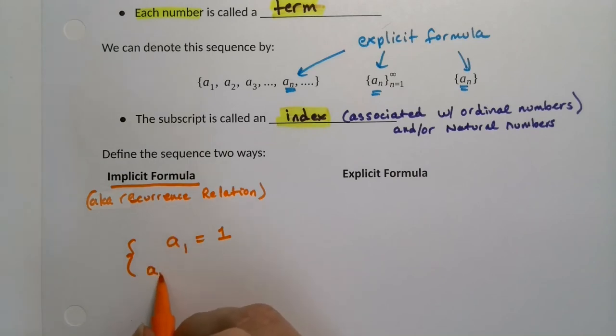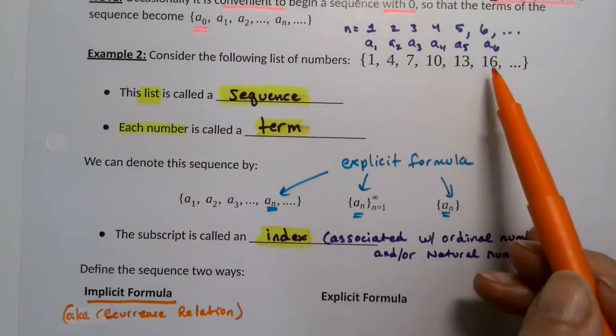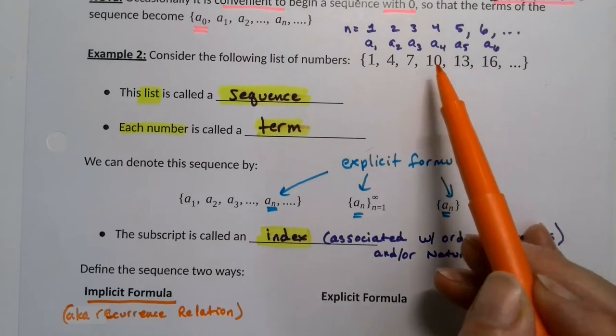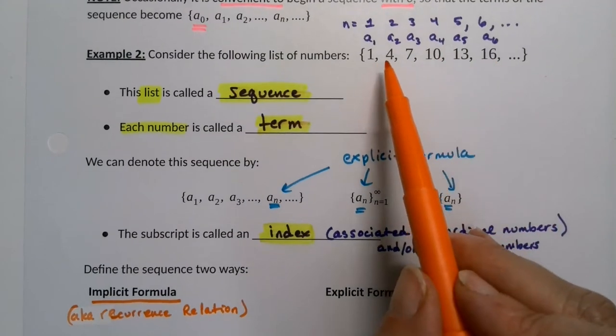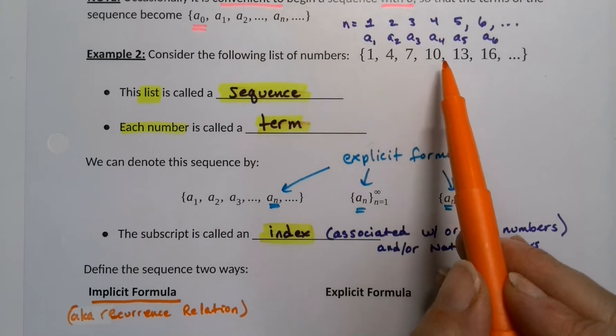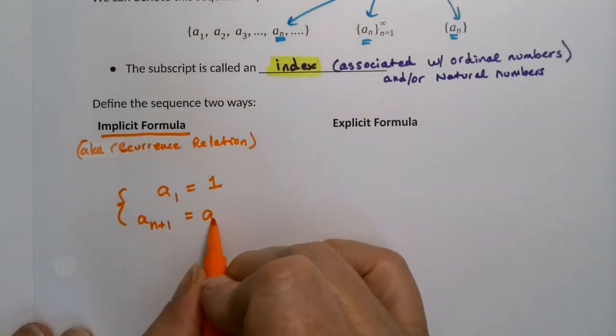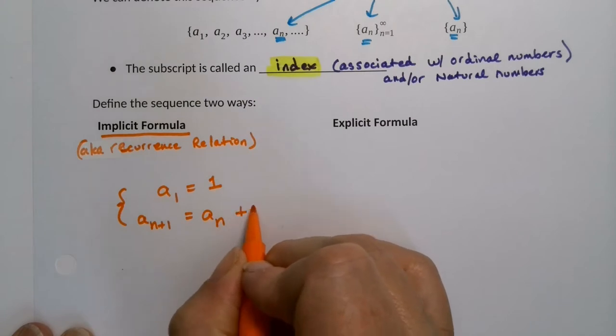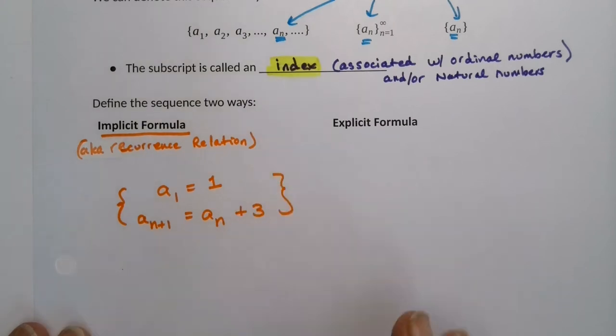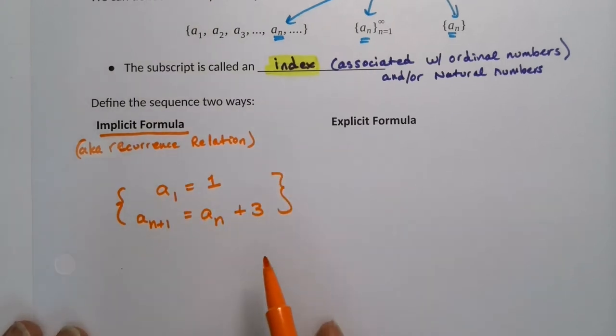And then my next term, a sub n plus 1. All right, how does the next term relate to the last term? This can be some of the hardest things to do in these problems, which is you kind of have to think, hey, I'm adding 3 every time. So if I take my last term, whatever that was, and I add 3 to it, I'll have my next term. It's a recursive pattern, right?